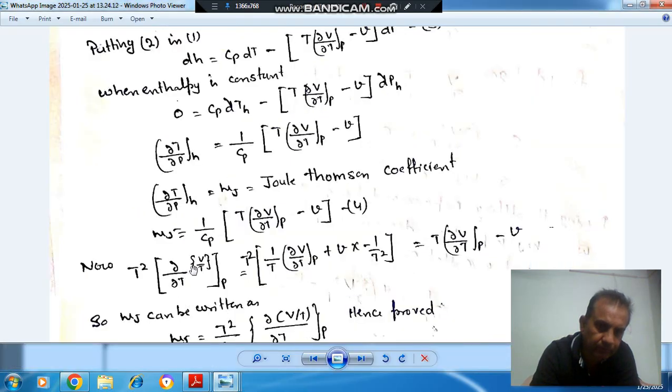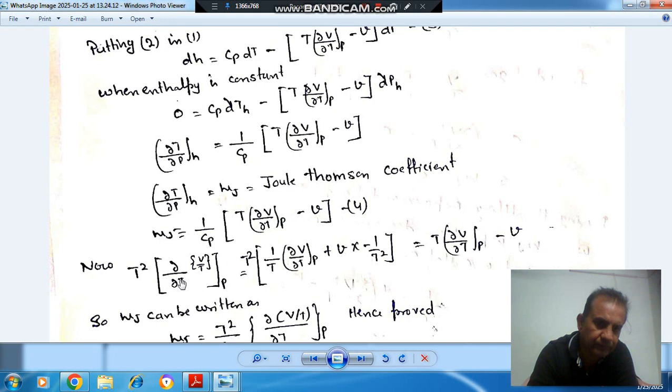If we solve it using the product rule, taking V as one part and 1/T as the other part: keeping 1/T constant, differentiating V with respect to T at constant P gives ∂V/∂T; now keeping V constant and differentiating 1/T gives minus 1/T². Multiplying by T² on both sides, it becomes T(∂V/∂T) at constant P minus V. This is the same as the term within the bracket, so this term can be replaced.